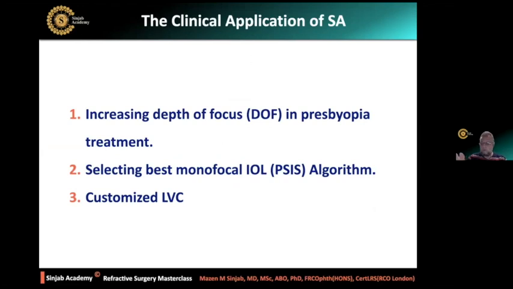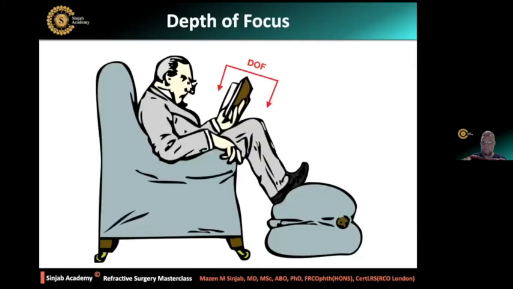So the clinical application of the spherical aberration is increasing the depth of focus in presbyopia treatment, selecting the best monofocal IOL, as I told you, in the PSIS algorithm, and for customized laser vision correction. Okay, now let's talk about the depth of focus in this lecture. Then I will answer the question, what about the zones, the red, green, and gray?